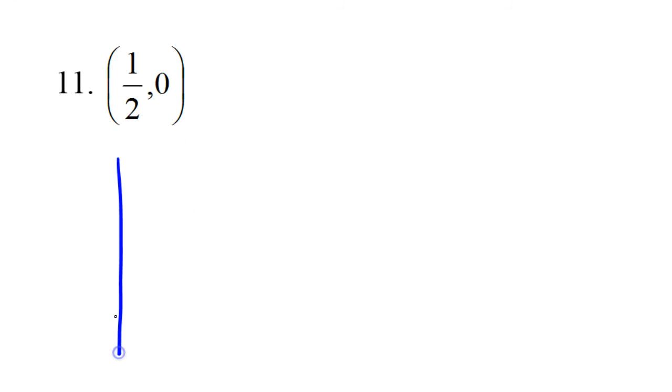Okay, let's do a quick sketch of number 11. So 1/2, 0. All right, let's say this is 1. So 1/2, 0 would be right here. So this is my focus. That means my parabola must be opening to the right.